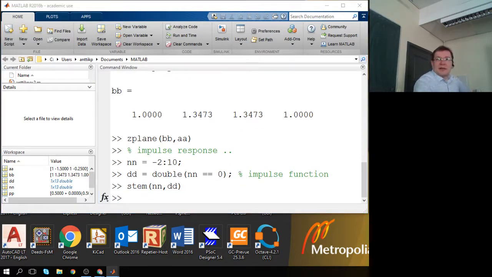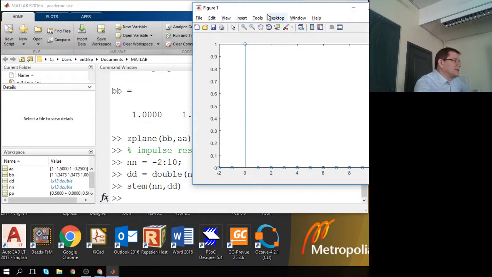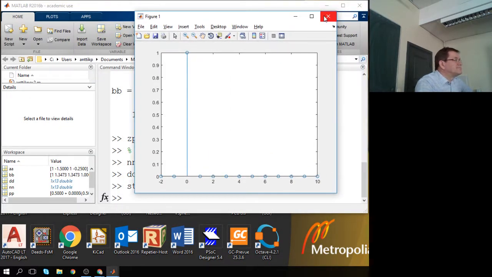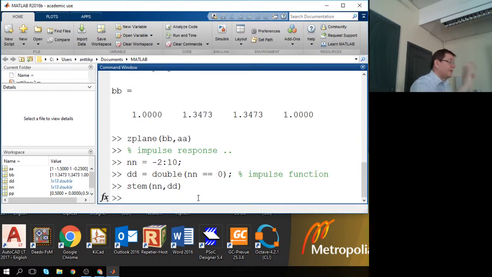So stem plotting. Yep, that's an impulse. Then the impulse response, meaning we have the system with its coefficients B and A, and input is that delta.